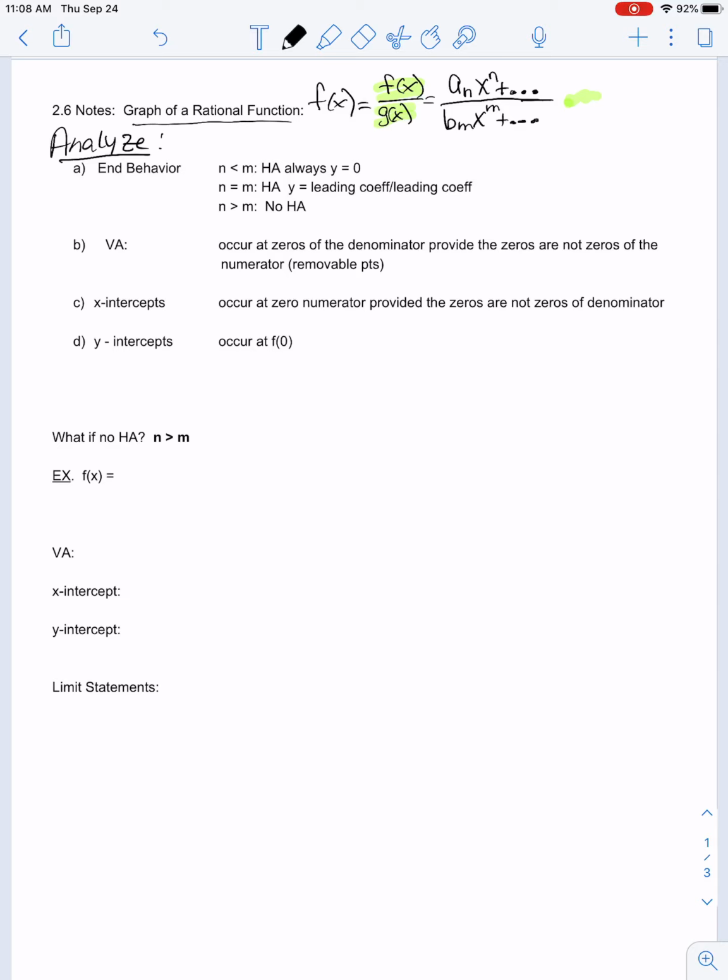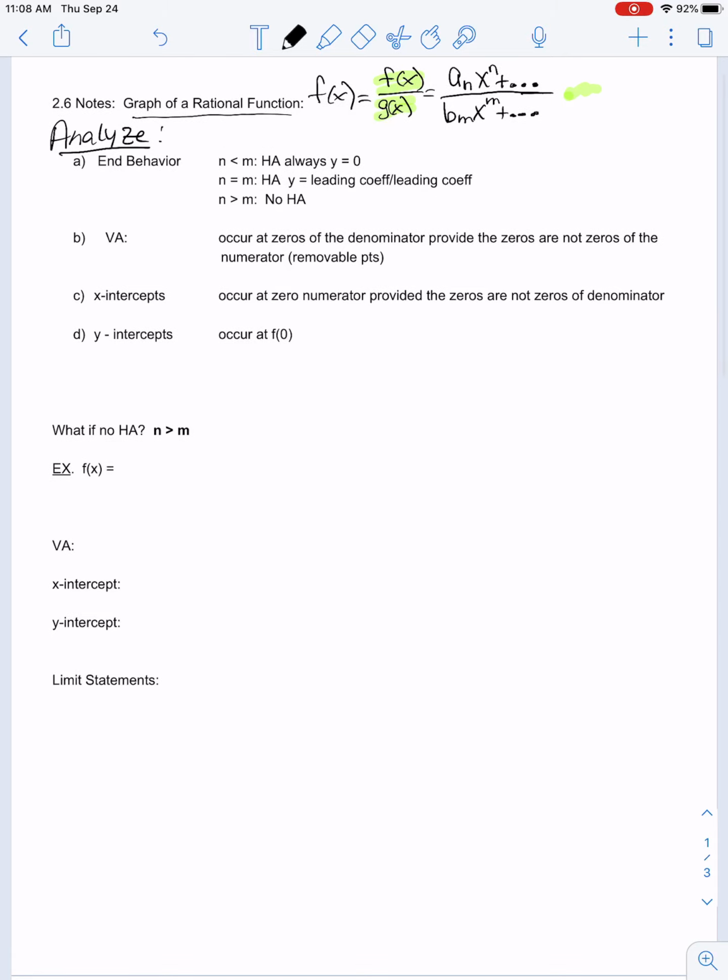If the degrees are the same, it's when you take the leading coefficient over the leading coefficient. So maybe it looks like a sub n over b sub m is what you end up for your HA. And the third case is if the top degree is greater than the bottom, then you just simply have no HA, and you may have something else. You may have a slant asymptote or something else going on.